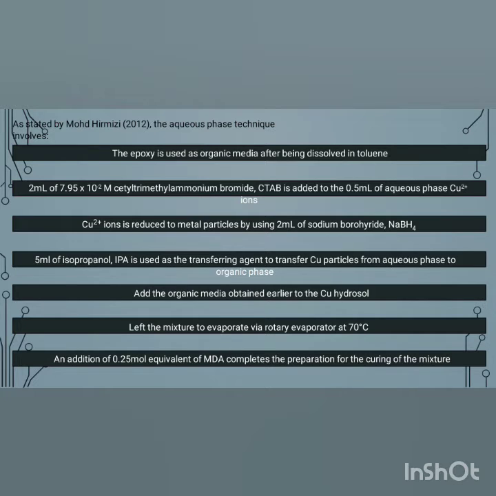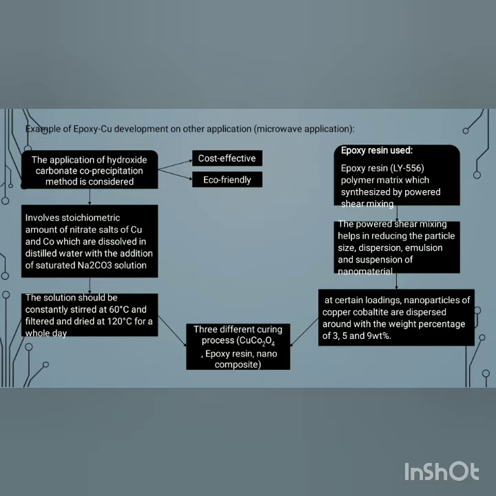This method is considered because of its cost effectiveness and eco-friendliness. To get a complete precipitation of metal ions as metal carbonates, the solution should be constantly stirred at 60 degrees Celsius, then filtered and dried at 120 degrees Celsius for 24 hours.